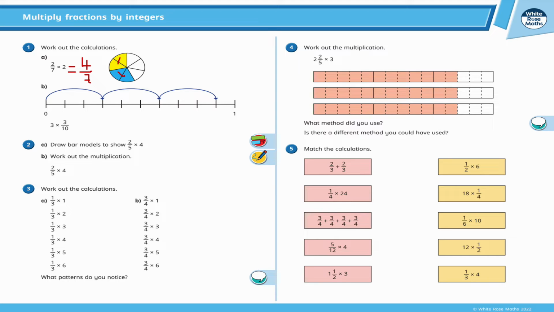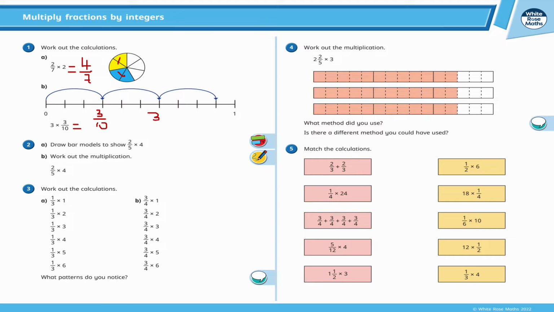But this one, what do I have? Well, it goes from 0 to 1, and I've got 1, 2, 3, 4, 5, 6, 7, 8, 9, so it's representing 3 lots of 3/10. Each one of these represents 3/10.